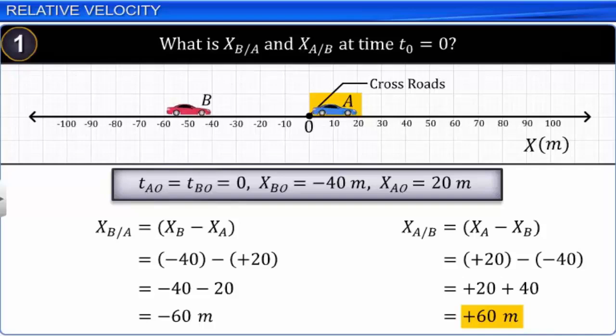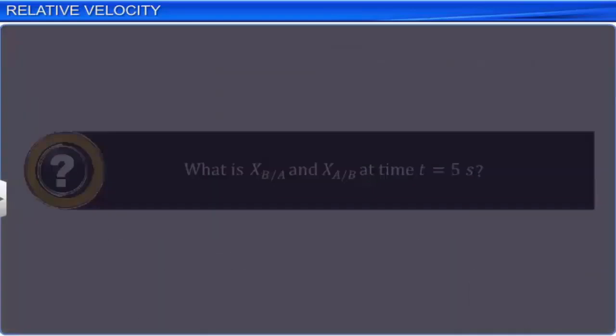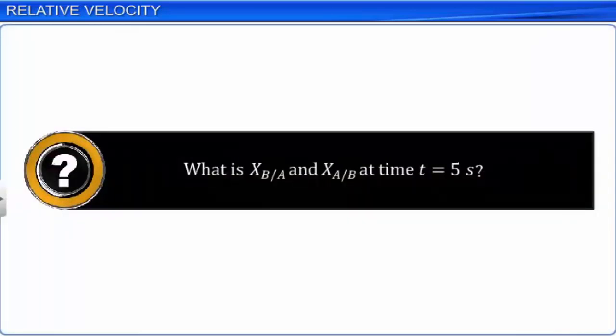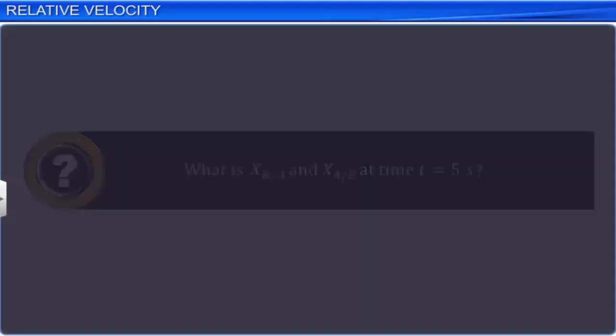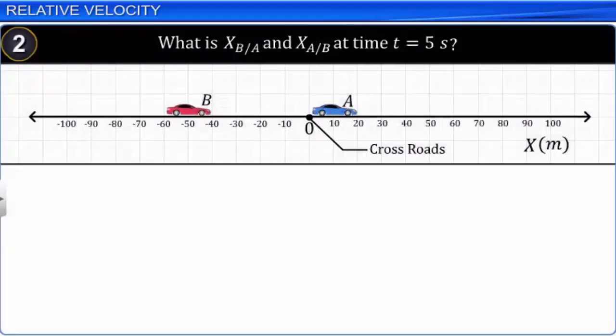2. What is xB/A and xA/B at time t equal to 5 seconds? Here, vA is equal to 10 meters per second. xA0 is equal to plus 20 meters. tA0 is 0 second and tA is equal to 5 seconds.